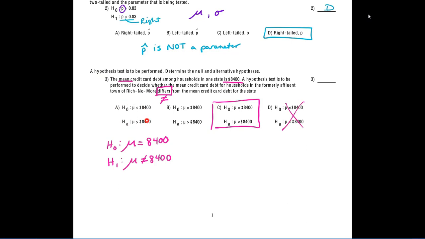Same thing for A right here. My null hypothesis has to be equal to, so that's out. This one says H sub A. Sometimes you'll see that in examples, the alternative in some books and by some authors is H sub A. This one uses H sub 1 a lot more.